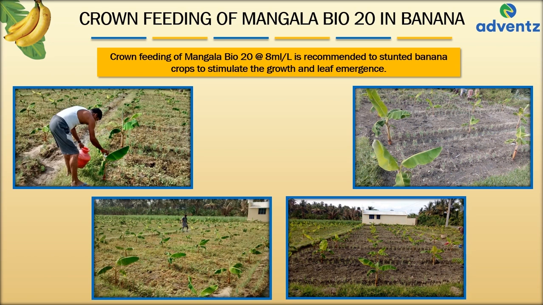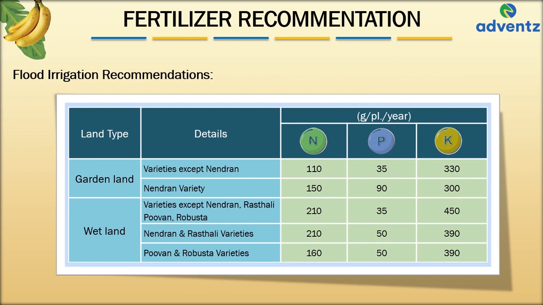The recommendation of bulk fertilizer for banana growth under flood irrigation systems are: first one is for all banana varieties except Nendran growing under garden land. These varieties require nitrogen at the rate of 110 grams, phosphorus at the rate of 35 grams, and potassium at the rate of 330 grams per plant.